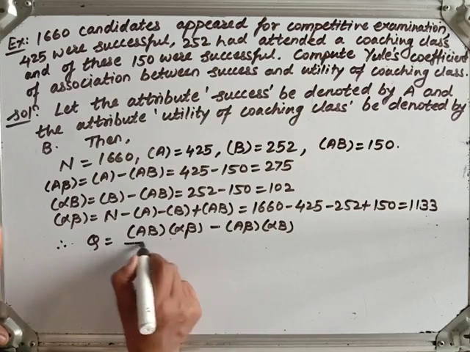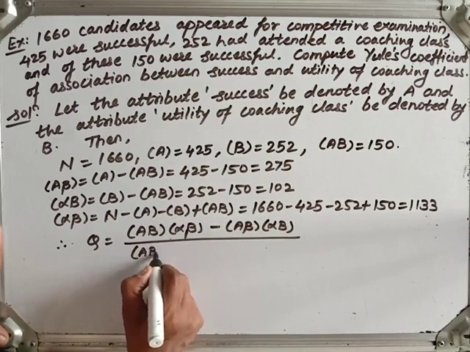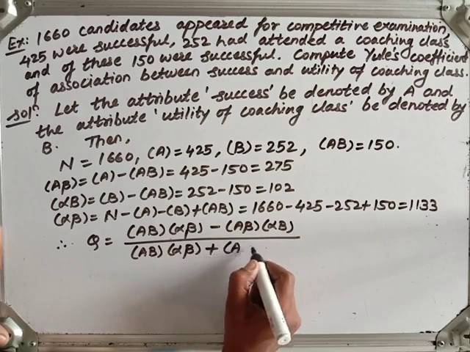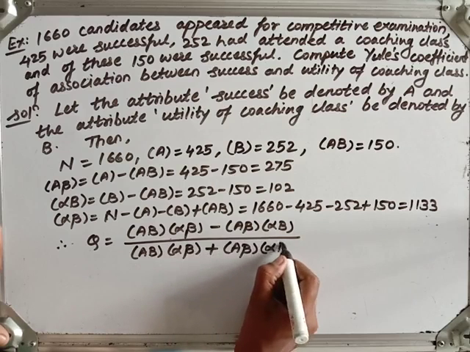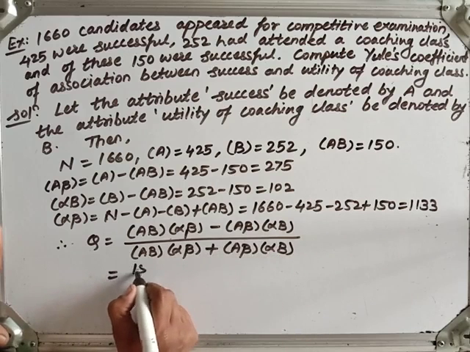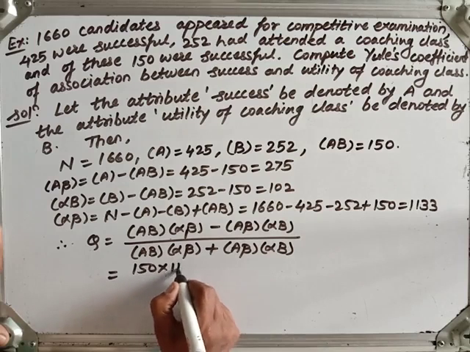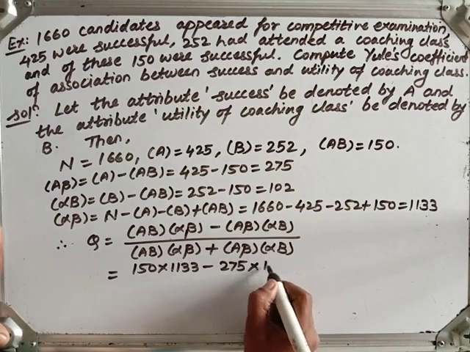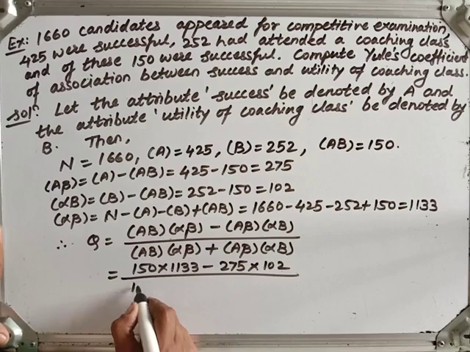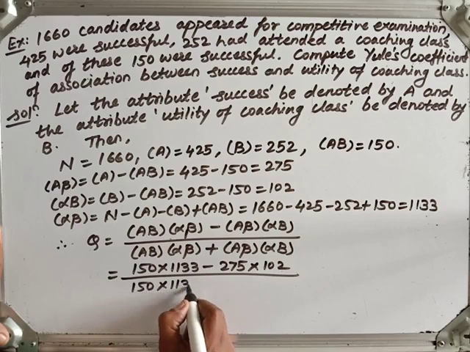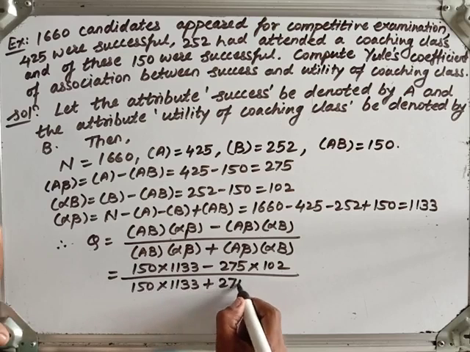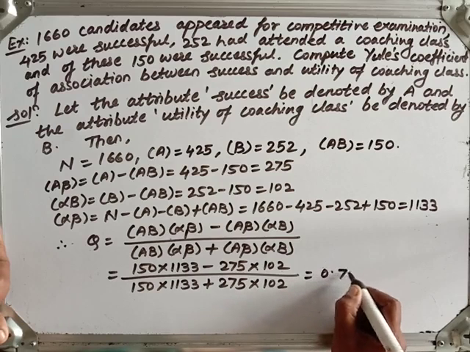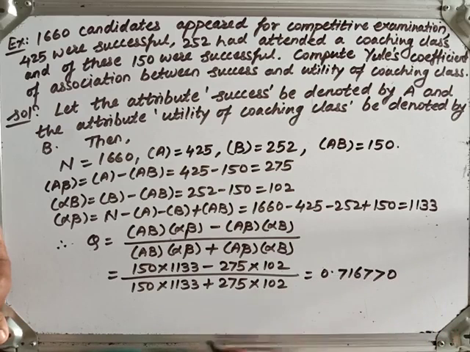Therefore, Q equals frequency of AB into frequency of alpha beta minus frequency of A beta into alpha B, upon frequency of AB into frequency of alpha beta plus frequency of A beta into alpha B, that is equal to 150 into 1133 minus 275 into 102, upon 150 into 1133 plus 275 into 102, that is equal to 0.7167, which is positive.